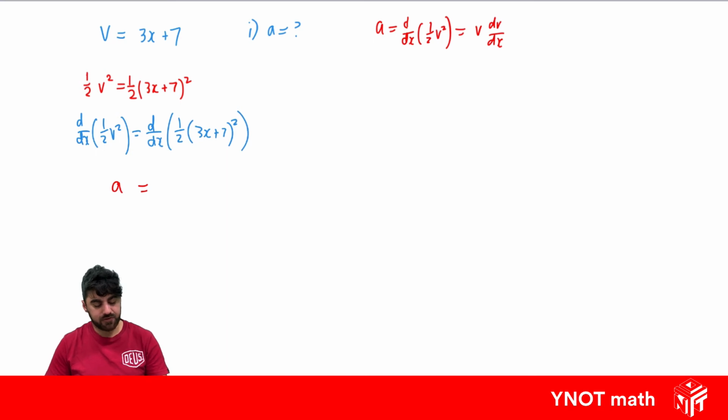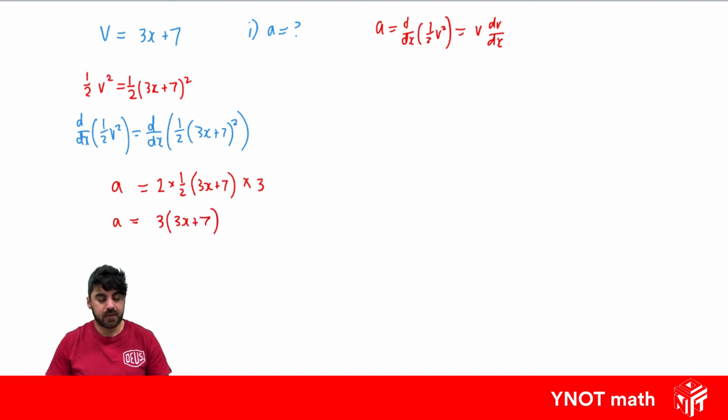And now we just have to derive the right-hand side with respect to x. So that power would come to the front. We get 2 times a half, 3x plus 7, and we minus 1 from the power to just give us 1. And then we finally times by the derivative of the inside of the bracket, which is 3. And that's going to give us the acceleration equals 3 outside of 3x plus 7. And that's our expression for acceleration.